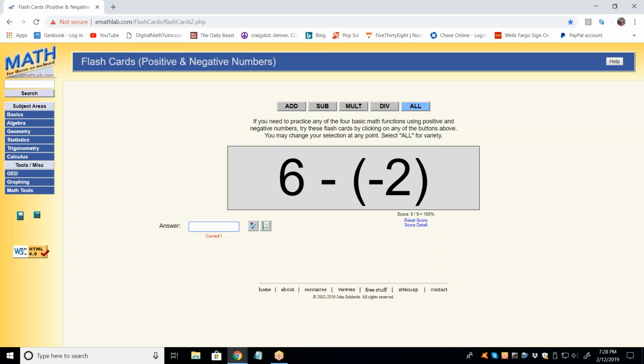So now we're going to have 6 plus a positive 2. Well, what's 6 plus 2? 8. You had 6 plus 2. 6 plus 2 is 8.